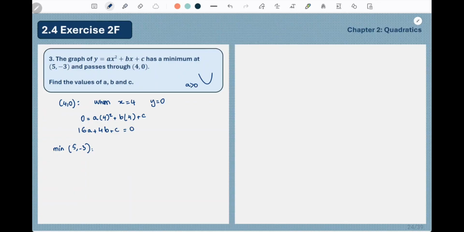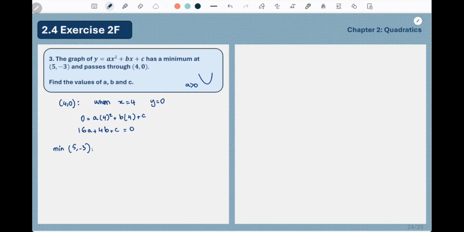If you don't find a positive a, you know that you messed up, because we know it's a minimum, and a minimum has a shape that looks like this. This is a clue that's going to tell you whether you're on the right track. I wouldn't solve the equation for you for sure, but these tips are good to know. Anyways, so the minimum point is (5, -3).